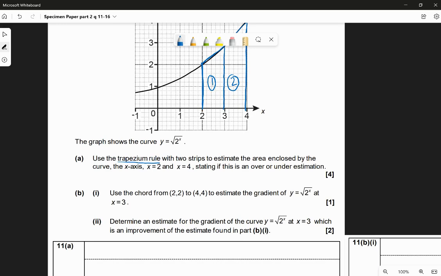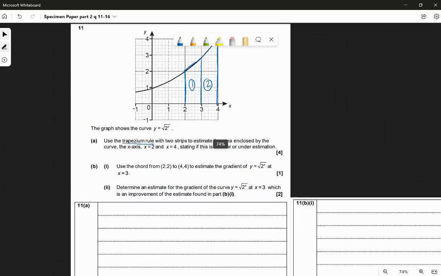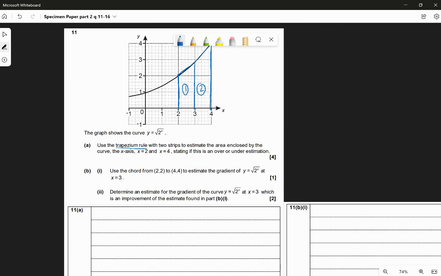So what we want to do is find the lengths that we have, which are the parallel lines. So the length there, the length there, and the length there. So the lengths that take you from the x-axis to the curve, which are actually the y-coordinates of the points on the curve for those values x equals 2, x equals 3, and x equals 4.